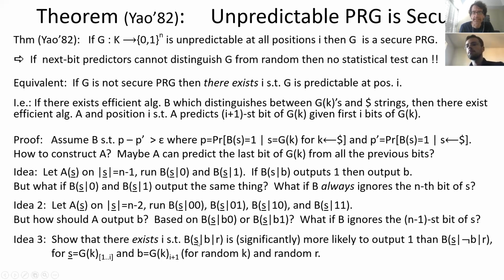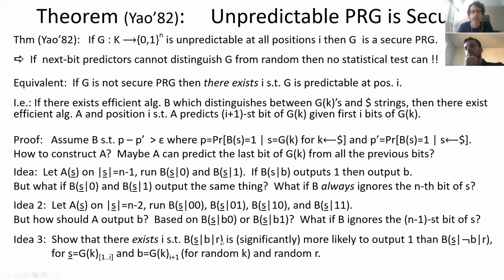So he gets S, which is the first I bits. Then he guesses this bit B at random, or perhaps runs twice, first for B equal 0 and once for B equal 1. But the remaining bits are random.